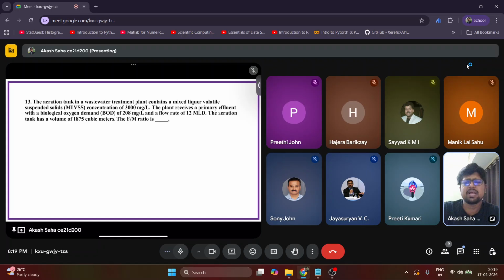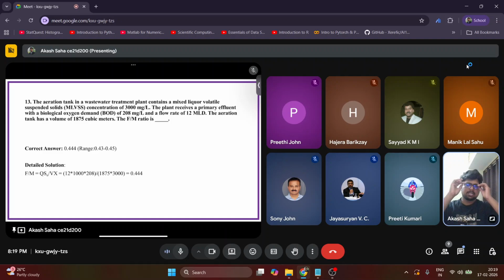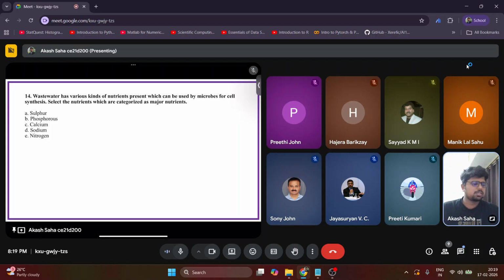As I told you, it is nothing but Q naught into S naught by V into X. If you just put the values, you will get 0.444. So most of the problems in this chapter will be like this. You will be given a set of values, you have to then calculate it. I'll go to the next.